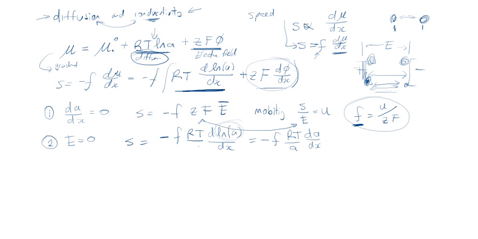Now we also have to note that activity is linked to concentration through this relationship here, and so we can rewrite this as negative F RT over gamma C, d gamma C dx. Now the flux is going to be equal to the speed and the concentration.